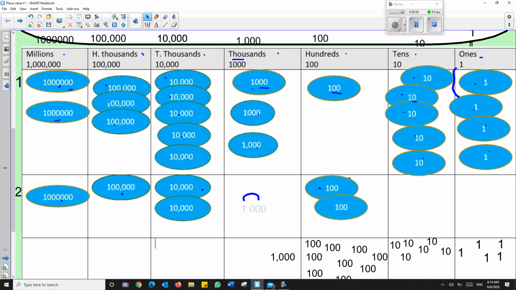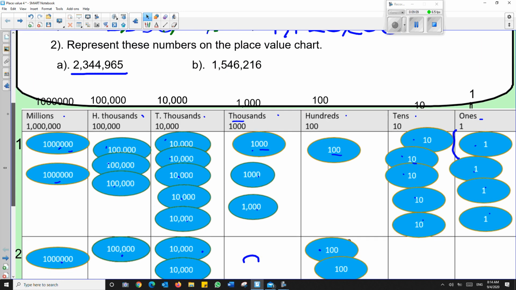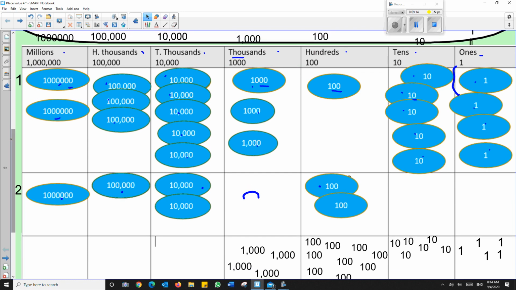1, 2, 3, 4 thousands. Then in the 10,000s column there are 4 10,000s. 1, 2, 3, 4.